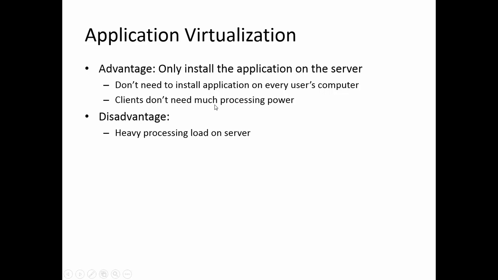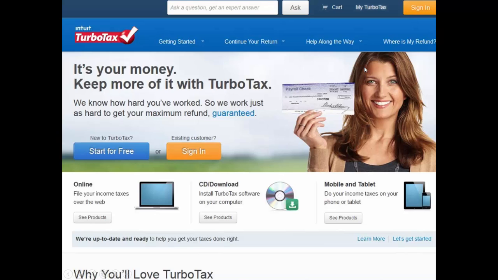And also, the client workstations don't need much processing power because all processing occurs centrally on the application server. But the disadvantage is this can put a heavy processing load on the server. Let's look at a commercial example of application virtualization, and the example would be TurboTax.